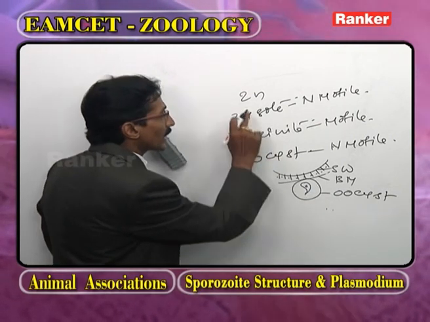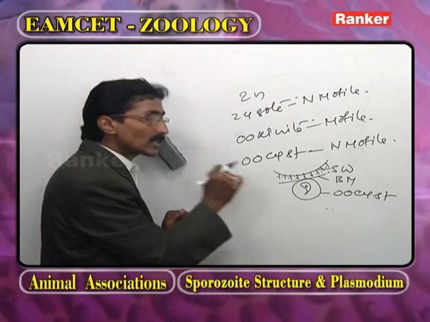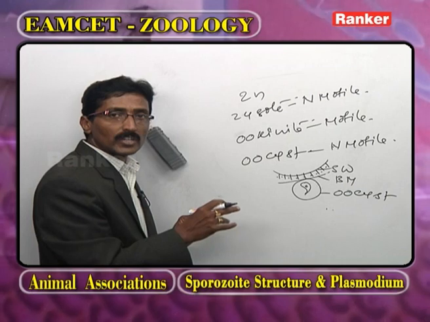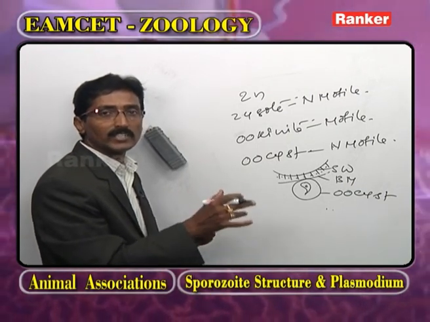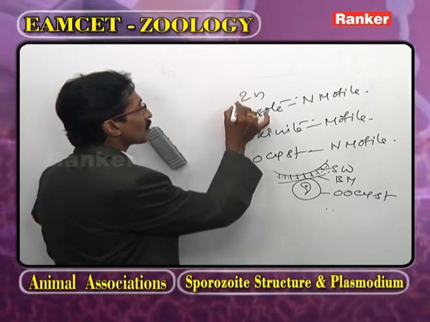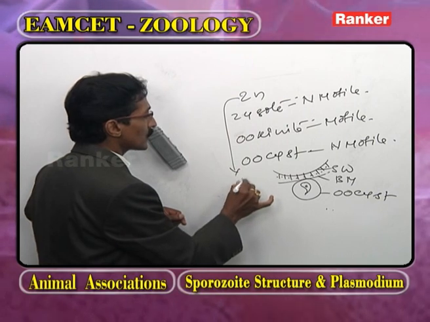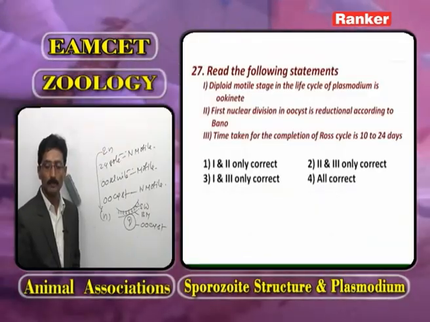The ookinete, which is diploid. According to Bano, during sporogony, what is the first division? Meiosis 1. What is the other name of meiosis 1? Reduction division. Because of meiosis 1, the diploid number of chromosomes is reduced to haploid. Now statement 2 is correct.